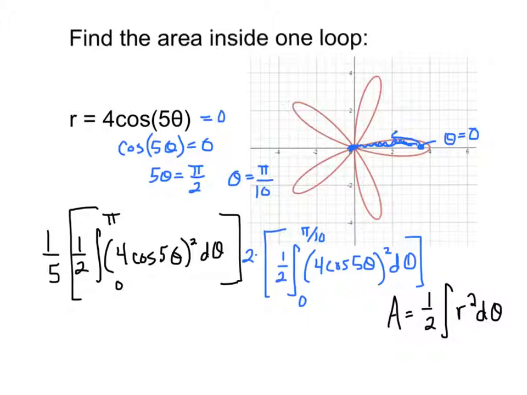Or, to actually get one loop to fill in this whole thing, you could go from negative pi over 10 to pi over 10 of your r squared. Okay, so lots of ways to do it. Play with the calculator to get the bounds. Let's do one more example.